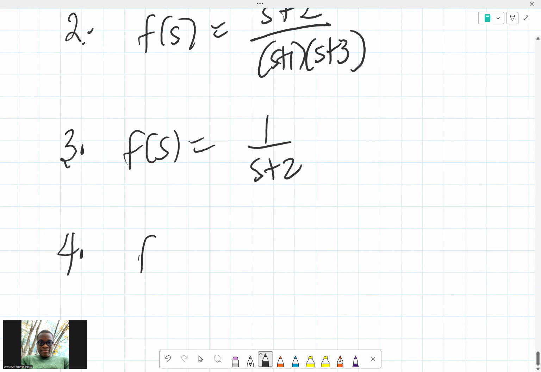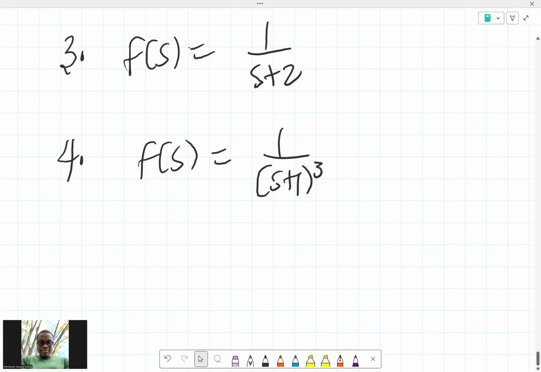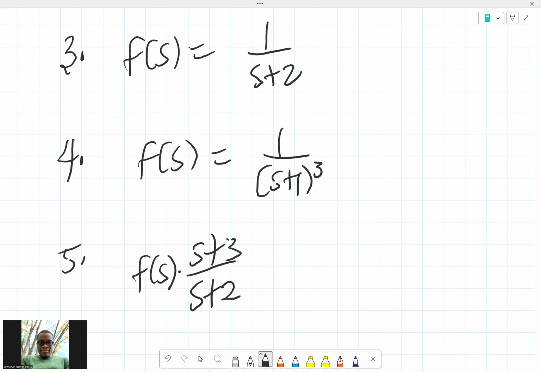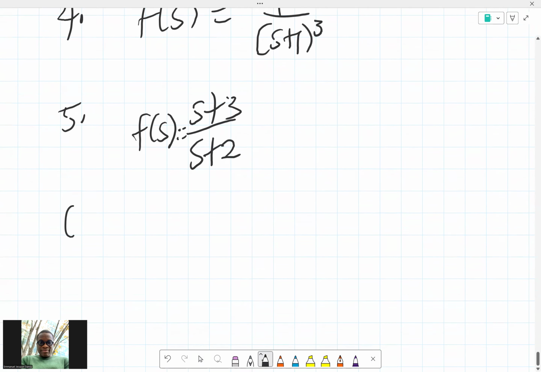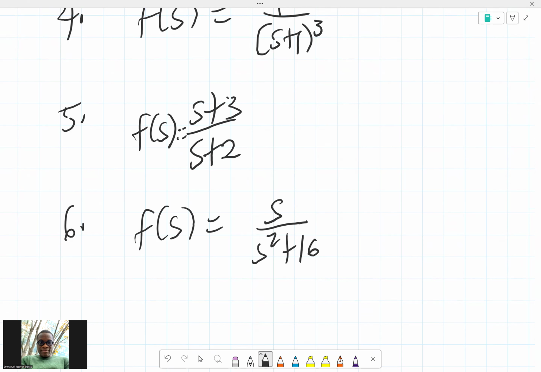you have, let's talk about repeated poles here, 1 over s plus 1 raised to power 3. Then number 5, s plus 3 over s plus 2. That's f of s now. Number 6 is like a lot, right? f of s equals s over s squared plus 16.